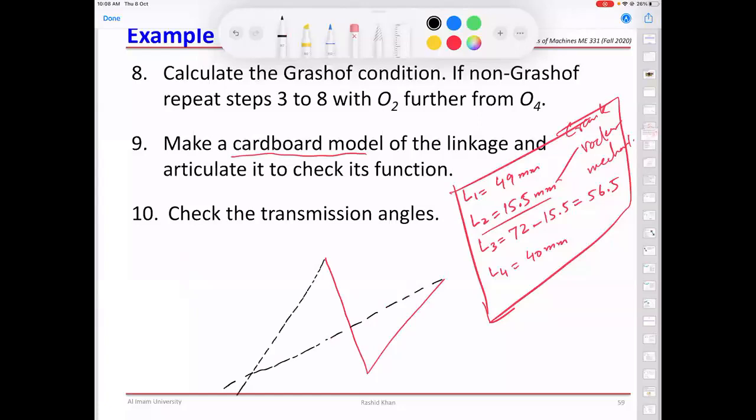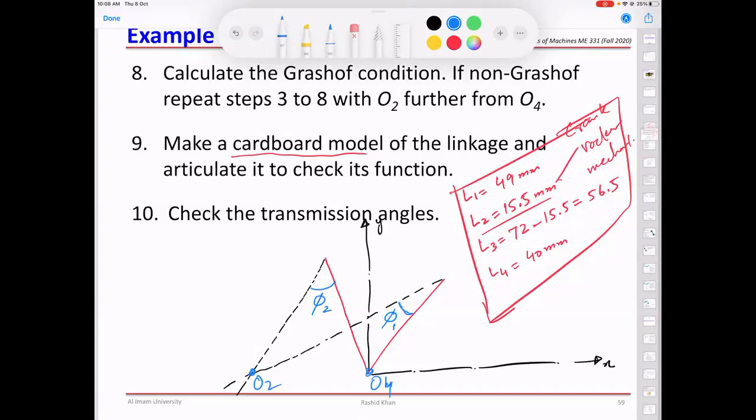This I can say is the x-axis, and this is our y-axis. So the transmission angle would be this one. Let me call it phi 1, and this one phi 2. Phi 1 is the initial transmission angle, and phi 2 is the final transmission angle. Are you getting it? This is O2 and this is O4.